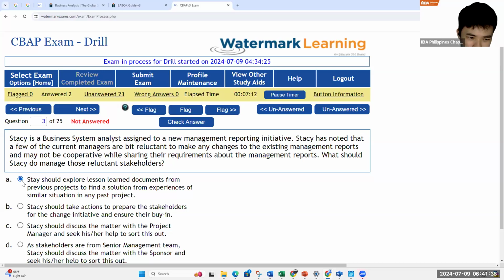Although I think C would be one of the easier ones to rule out because the BABOK doesn't really use a project manager a lot.